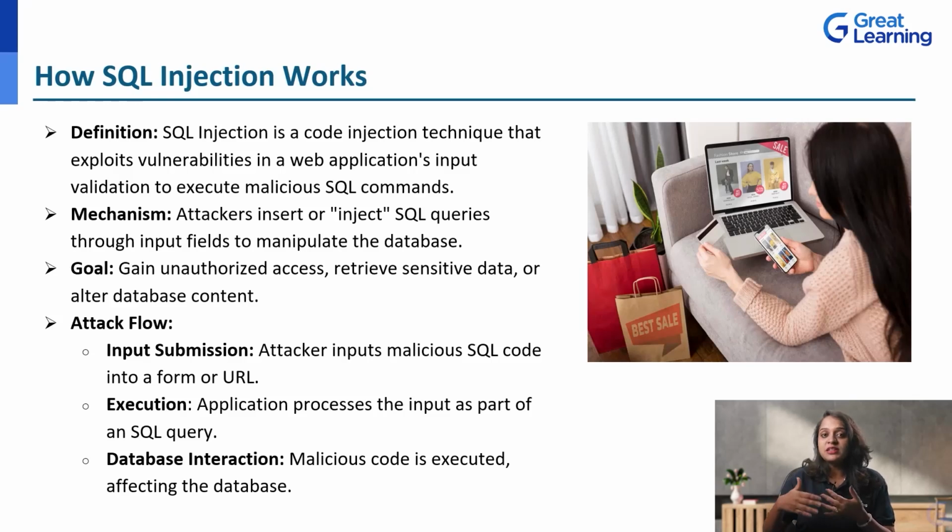The application running in the background of your database will think that the SQL query is correct and will execute it. That is the execution step. Then the database interaction. Once that SQL query is executed, I can interact with your database. That is the third step here. The malicious code is executed and it affects the database.